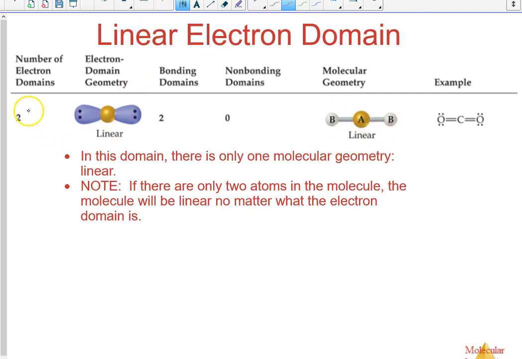So the number of electron domains, if it's 2, the bonding domain is 2, there are no non-bondings, and you always have linear molecules. Okay? And then we'll step up the complicated problems pretty quickly here.